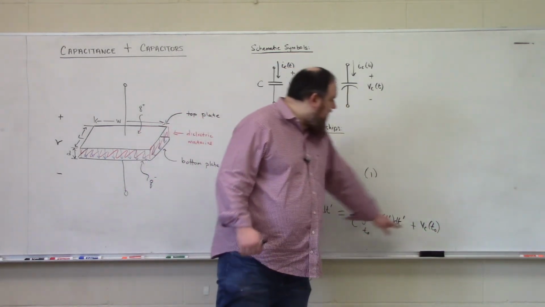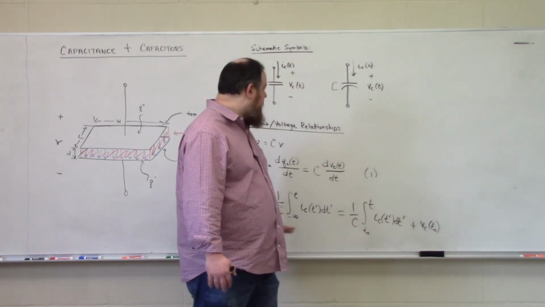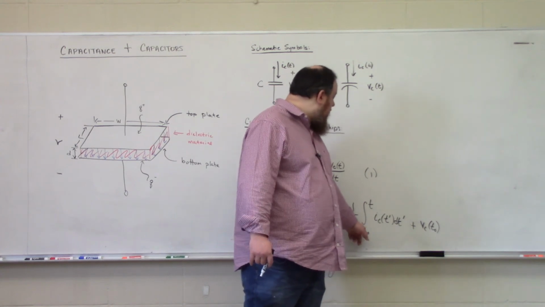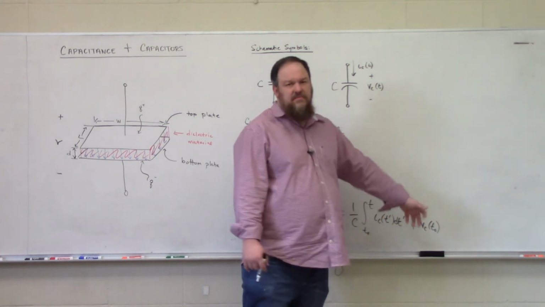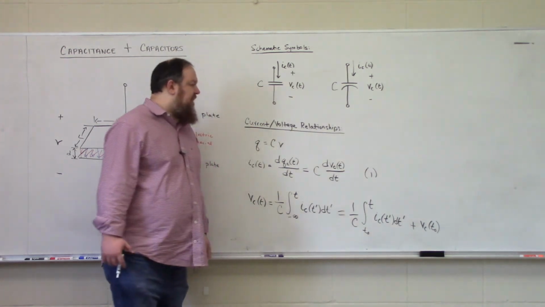So now we have some initial condition on the capacitor voltage. This is the memory effect. And then we integrate from when we knew what voltage we had to some later point in time. And that gives us the current voltage on the capacitor.